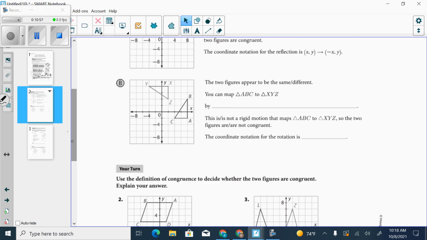On B, it says these two figures appear to be the same or different. If they're the same, that means I should be able to map triangle ABC to triangle XYZ in some way. So what transformation would have to happen for ABC to map to XYZ?